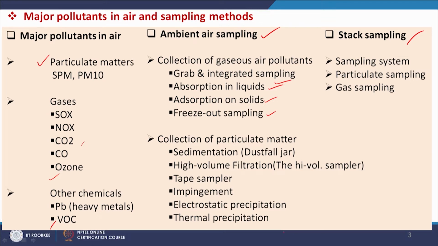Similarly, for collection of particulate matter, when our major concern is to find out the particulate matter concentrations in the ambient air, there are some specified methods: sedimentation using dust fall jars, high volume filtration or high volume sampler, tape sampler, impingement, electrostatic precipitation and thermal precipitation. So, these are the different methods which can be used and people have reported this.